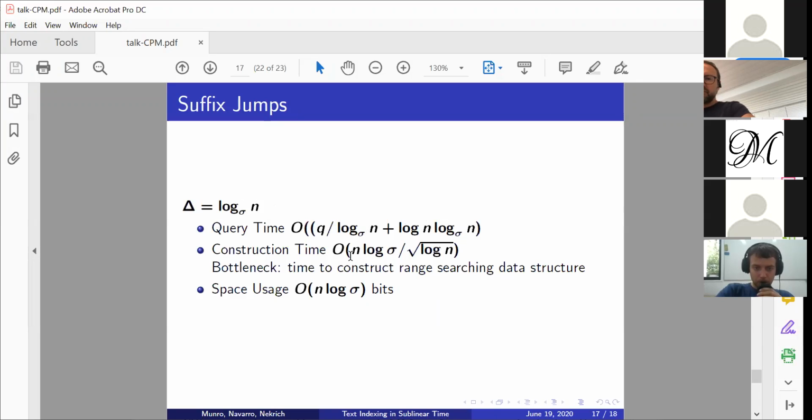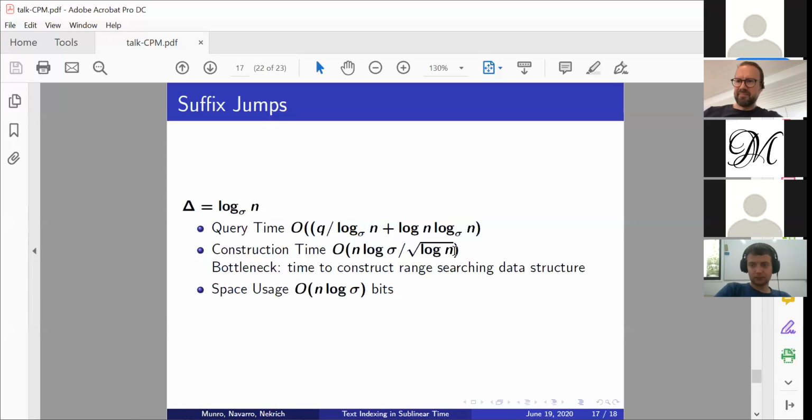The construction time is n log sigma divided by square root of log n. Essentially, the bottleneck is the same as in the previous talk. It's n log sigma. This is the time to construct the range searching data structure. Let's say it's actually a variant of a wavelet tree that we're using, a wavelet tree with some additional data structures on top of it. And the space usage is n log sigma bits.